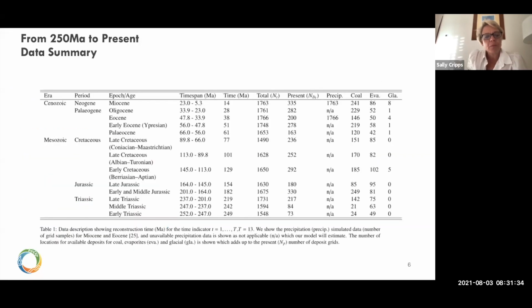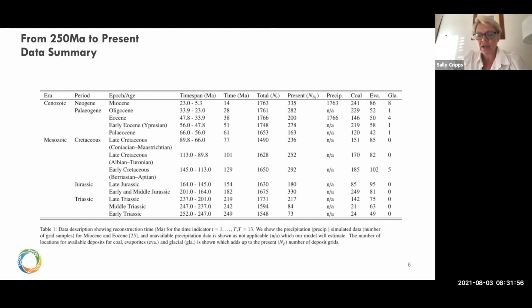So to sort of summarize the data that we have, you'll see a table in front of you that relates to various eras. If you move along to the column that says time, you can see there that the time goes from about 14 million years ago, the Miocene era, all the way back to the Triassic era, which is 249 million years ago.